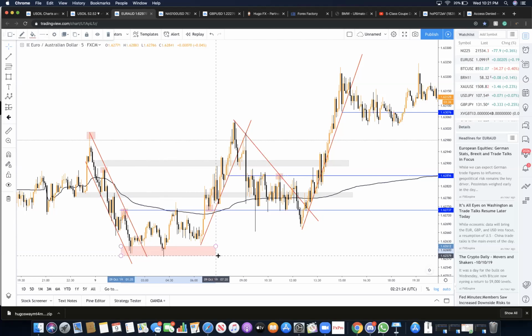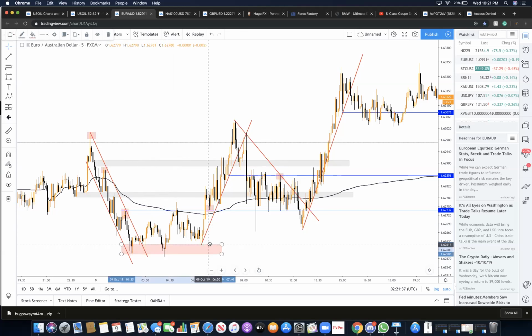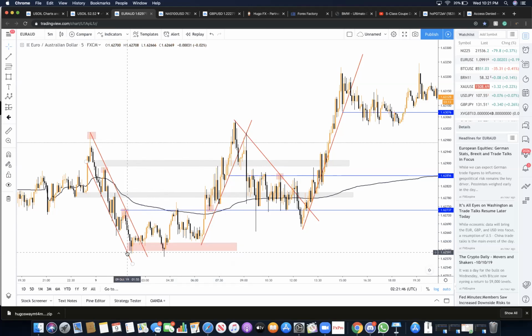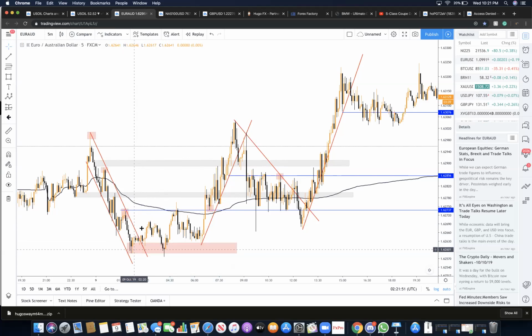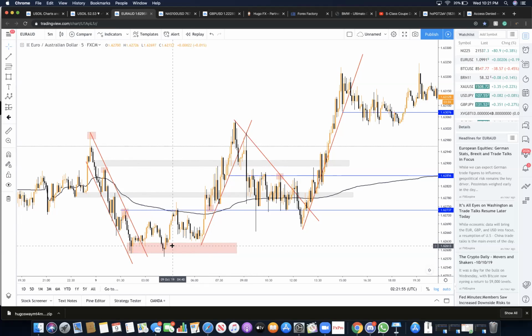Excuse me, let me fix this up a little bit. I identified this low to this low, which gave me that zone. Now, if I fix that up just slightly more and focus on where the price consolidated right above this zone and where the market hit that zone, then I'll have that gray zone that I identified there. Let me know if that's clear to you.